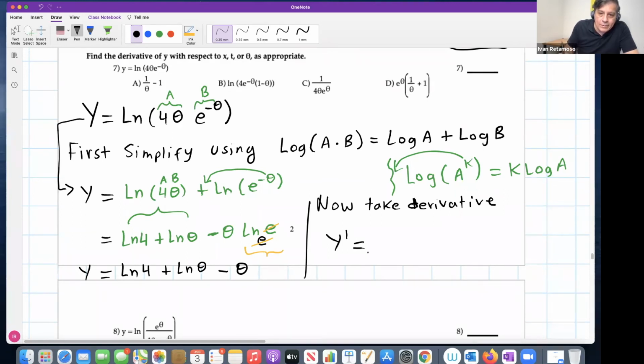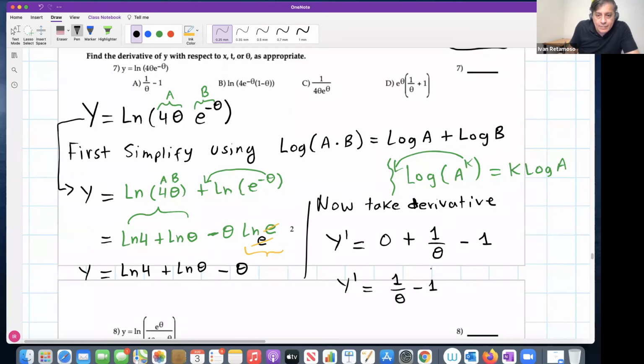It's a real number, so 0, plus the derivative of natural log of theta, 1 over theta, right? And the derivative of this guy, minus 1, right? Minus 1. So finally, I get that the derivative is just equal to 1 over theta minus 1.